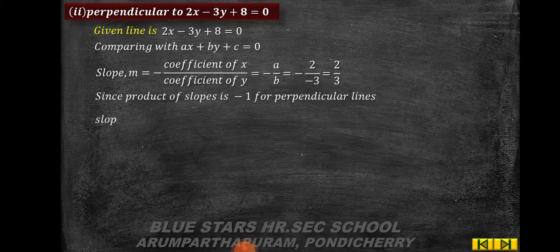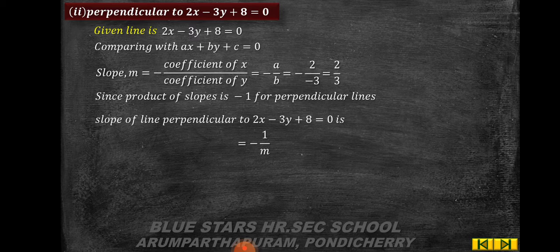Since product of slope is minus 1 for perpendicular lines, that is nothing but m1 cross m2 is equal to minus 1. That means the two lines are perpendicular. Since slope of a line perpendicular to 2x minus 3y plus 8 is equal to 0 is minus 1 by m, we find the slope as 2 by 3.